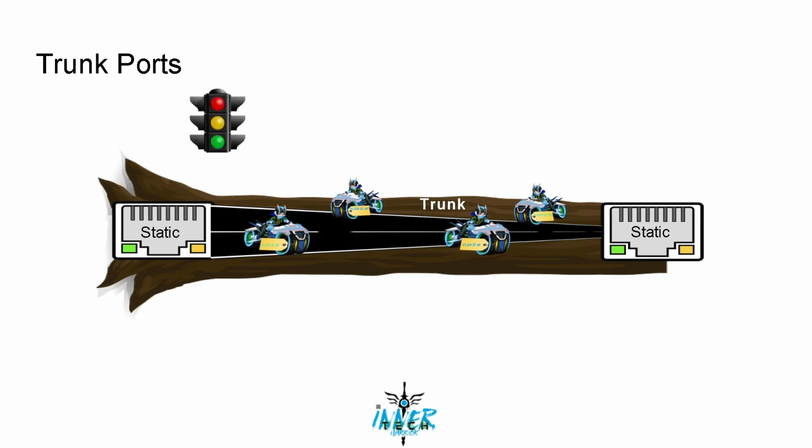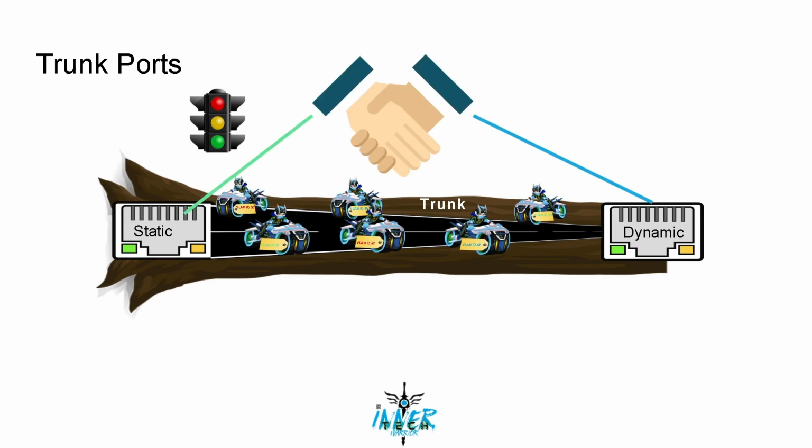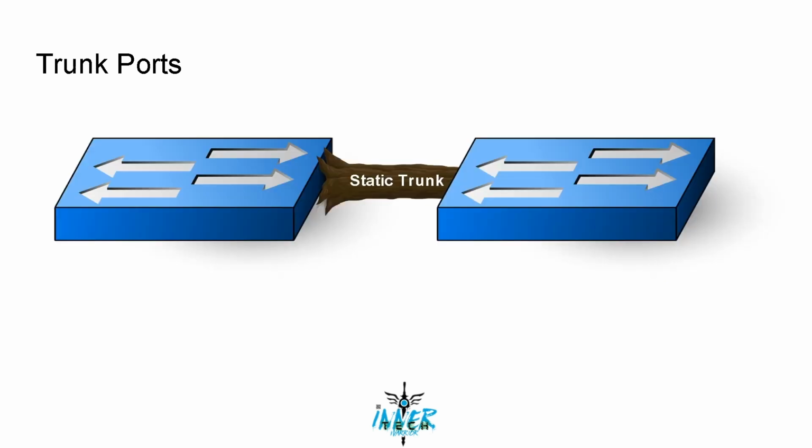A static trunk port is like a highway where the path is always open between the two ends, with the data having specific IDs based on which switch port they came from. A dynamic trunk is like a highway also, but in this case, one end negotiates with the other end to create a path to allow the data with the different ID tags to travel between them.